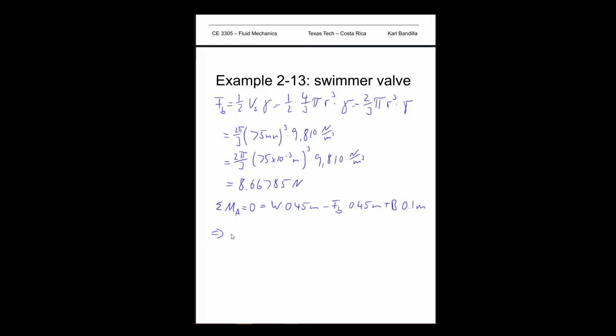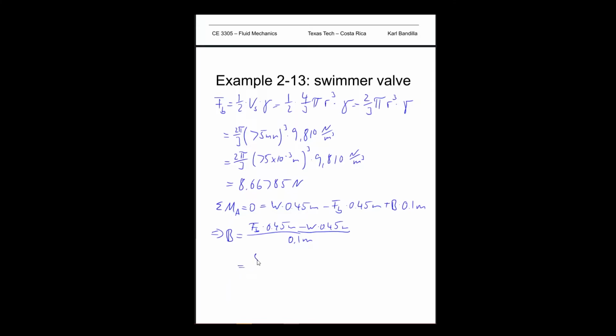That means we can solve for B. B was positive, so we have to flip the other side. It'll be FB times 0.45 meters, minus W times 0.45 meters, and all that divided by 0.1 meters.